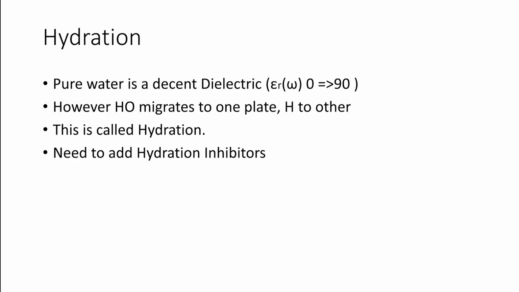So for that reason, they had to invent chemicals to add to water to inhibit hydration. So they made very, very complicated organic compounds called hydration inhibitors to stop the hydration happening, stop this water breaking down into hydrogen and hydroxide.